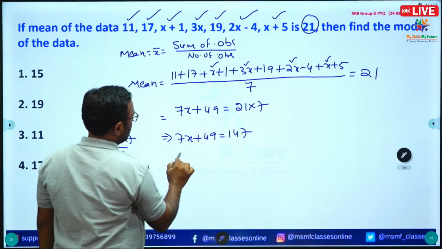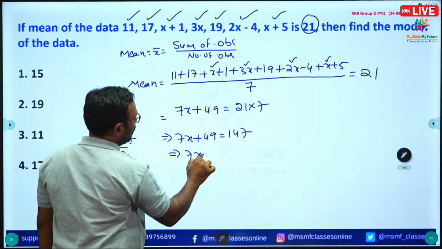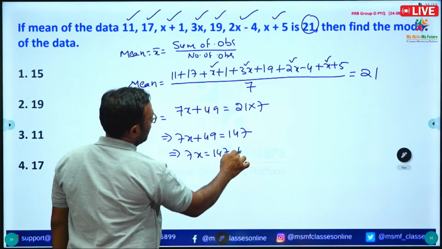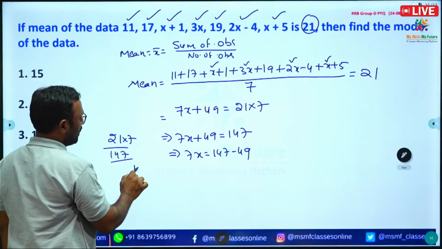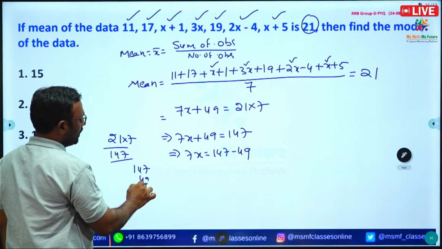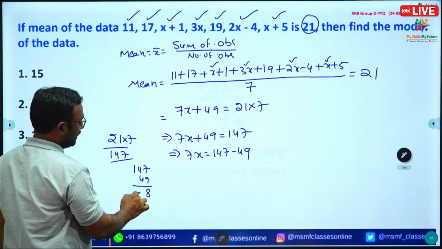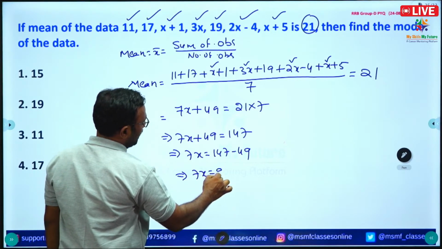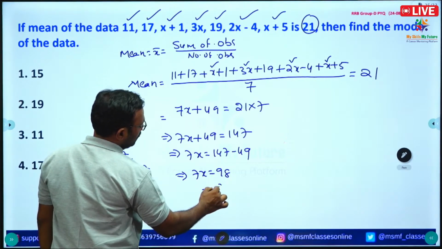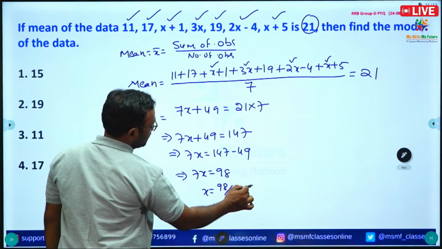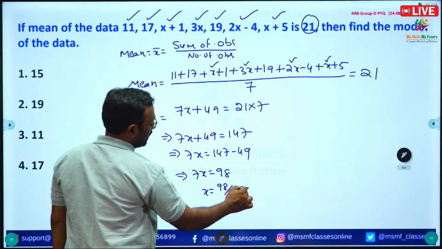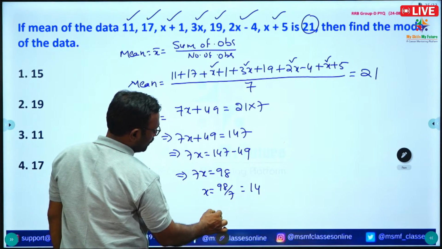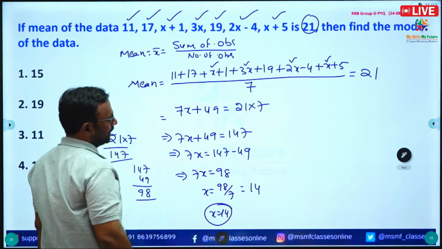So 7x is equal to 147 minus 49, we get 98. So 7x is equal to 98, x is equal to 98 by 7, so 7 fours are 28, so x is equal to 14.